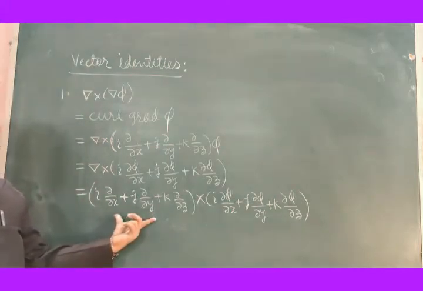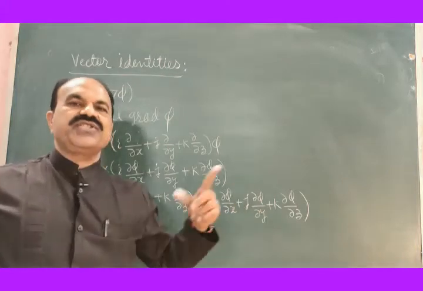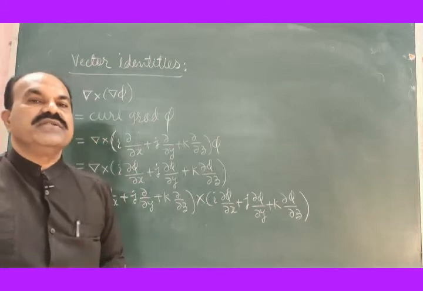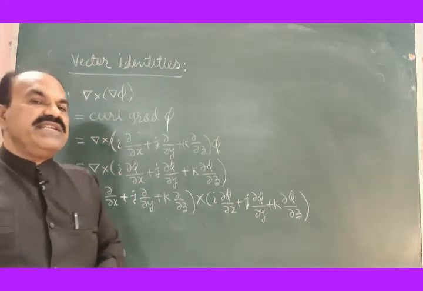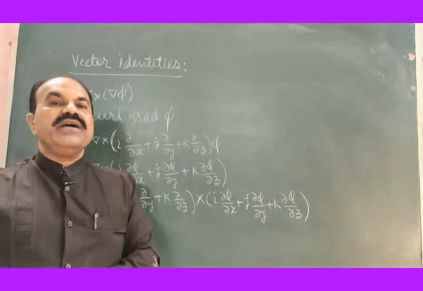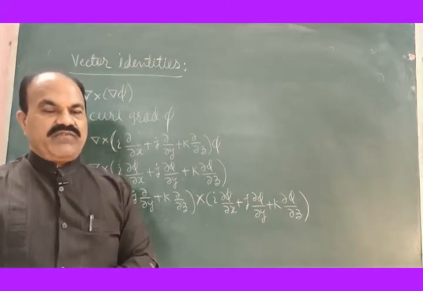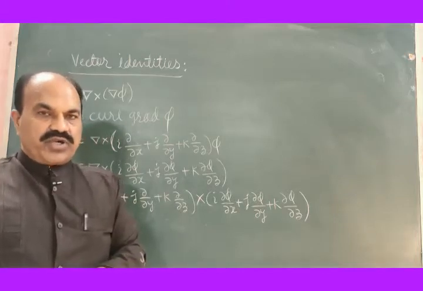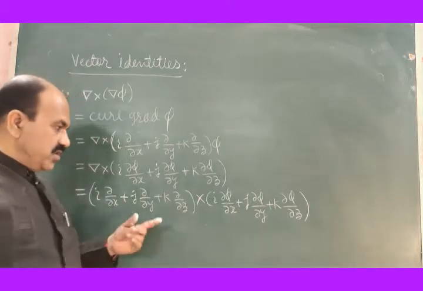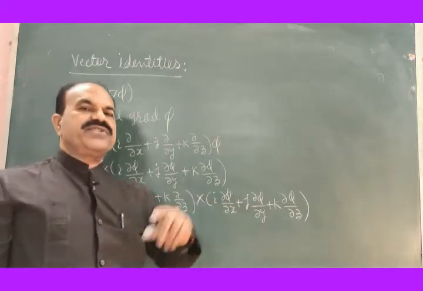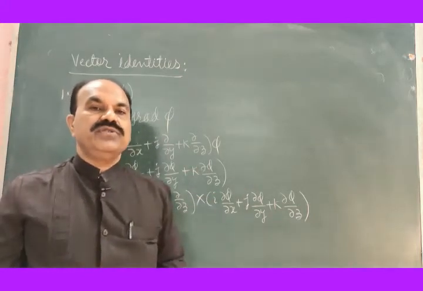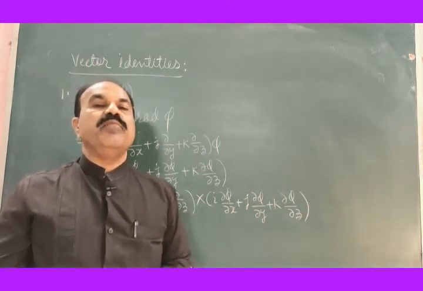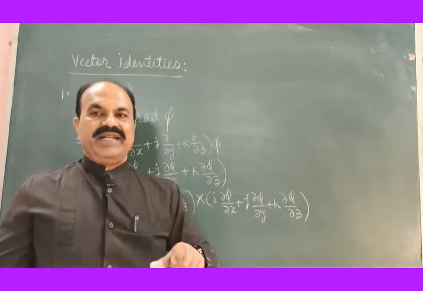This is one vector, cross this is the other vector. When we have cross product of two vectors, we can represent this cross product using a determinant. When we want to carry out the cross product or vector product of two vectors, this can be carried out with the help of a determinant.